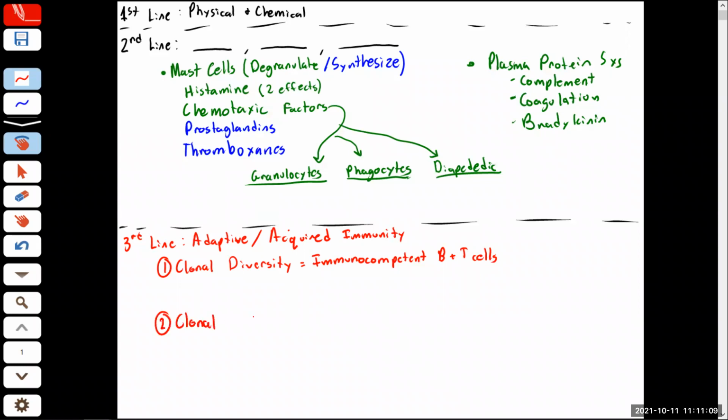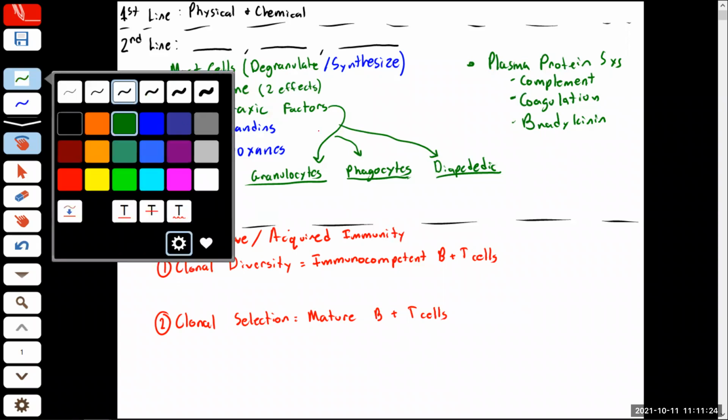Clonal selection. This is when we're going to mature B and T cells. Okay. Sorry, let me just kind of fill this in really quick.